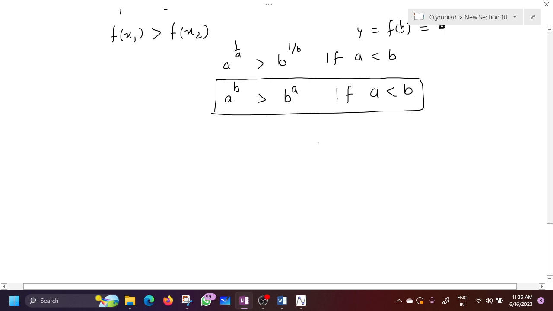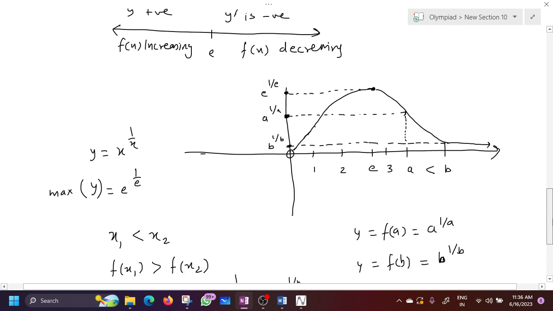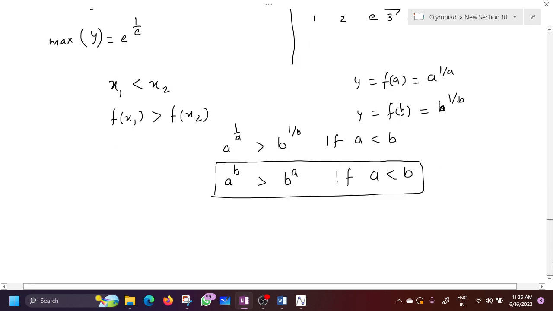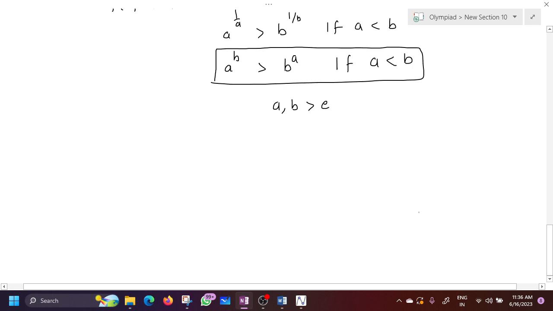Let us take some value of a, and remember a and b are both on the right hand side of e, so a and b should be greater than e, which is 2.71 something.